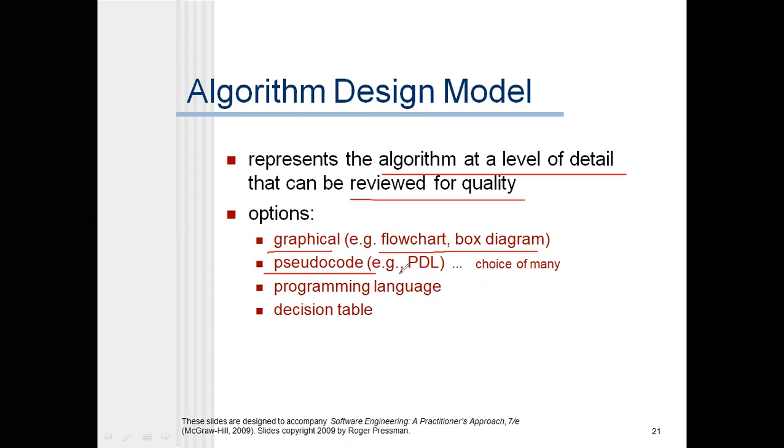Pseudocode representation in the sense of a programming description language, and which kind of programming language you are going to take. After that, decision table here, right? These are some algorithm design model implementation steps here. Let us see one by one.